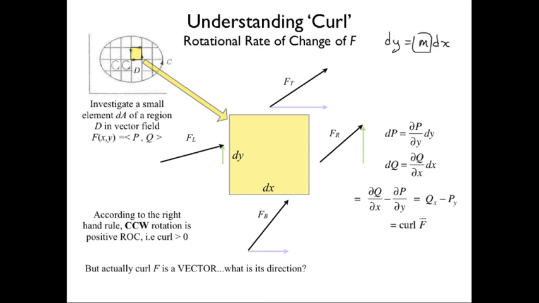If positive rotation is counterclockwise, then by the right-hand rule, the actual direction of the curl vector is orthogonal to the plane of rotation. Do you see that? So it's z. The curl of F is really, the magnitude is Q_x minus P_y, but the direction is orthogonal to the plane of rotation. It's k.